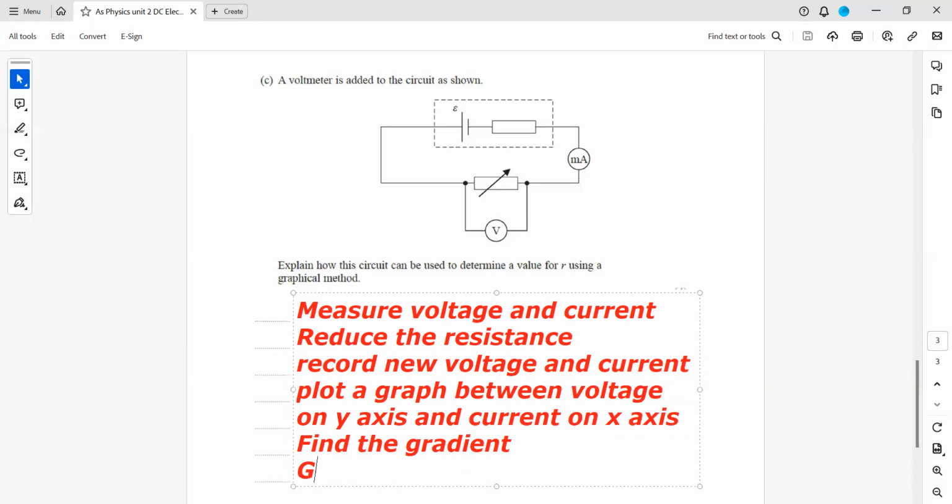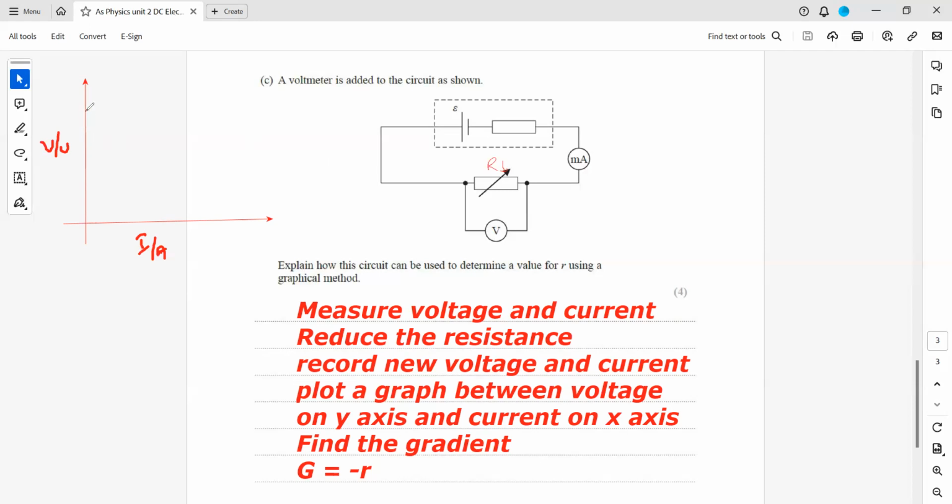And the gradient will be equals to the negative of the internal resistance. So initially, when the resistance of the variable resistor is very high, so we have here voltage and we have current.